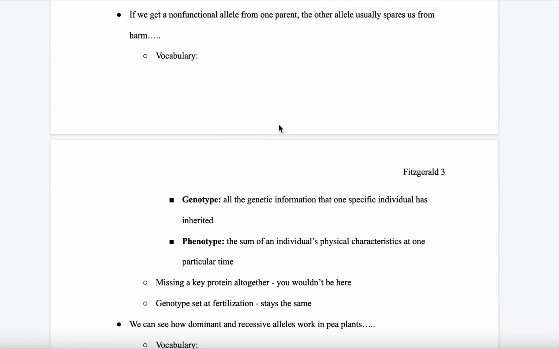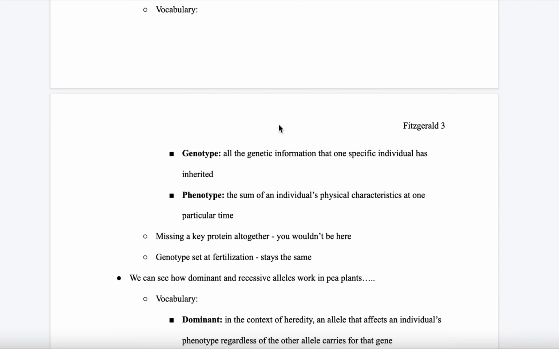And then the next section is that if we get a non-functional allele from one parent, the other allele usually spares us from harm. The vocabulary here is genotype and phenotype. A genotype is all the genetic information that one specific individual has inherited, and a phenotype is the sum of an individual's physical characteristics at one particular time.